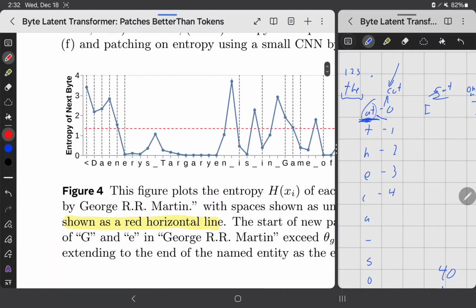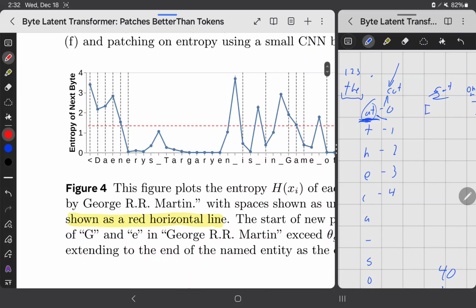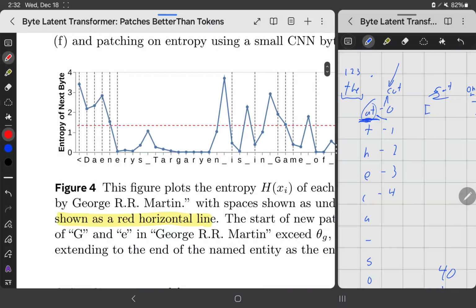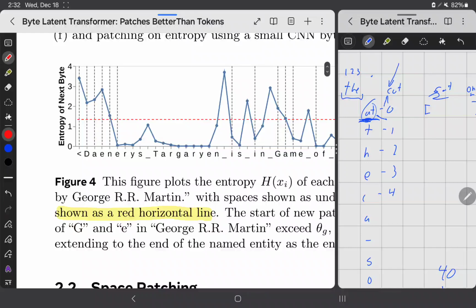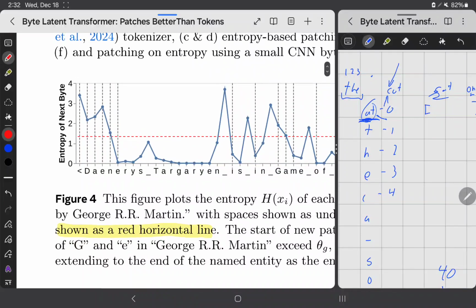And what they do is they say that a patch is going to be created every time we see a high entropy prediction, or every time the model is very uncertain about the next letter or the next byte. So here, very high uncertainty, this is a patch right here.